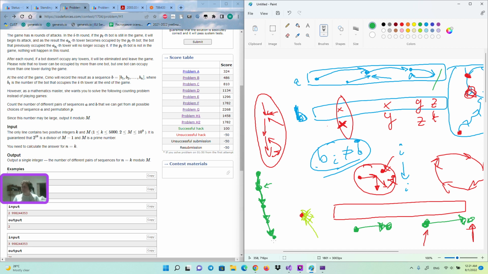So every vertex has to be the beginning of a path. Look, we can say there are several ways.